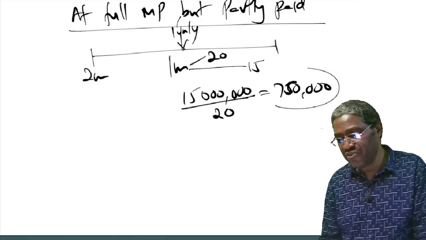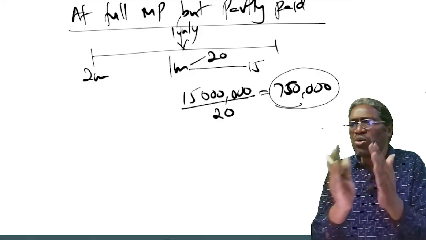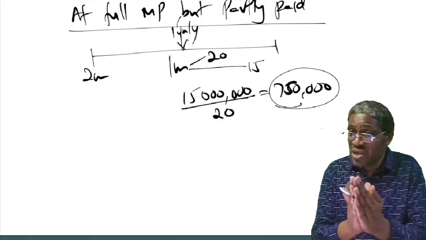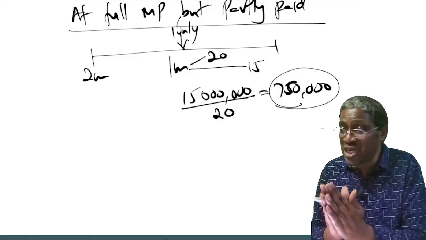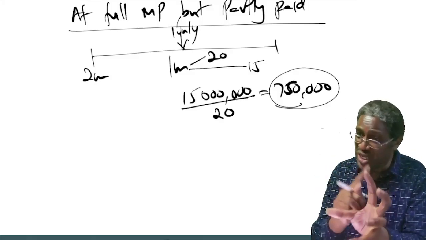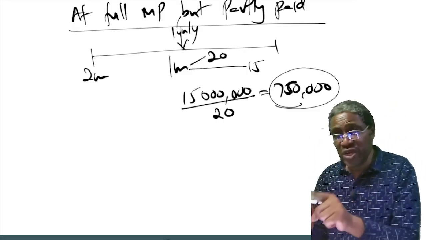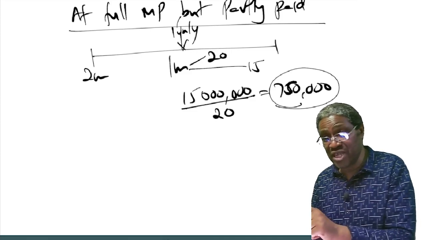Which will be how many? This 750,000. So in other words, we are saying to compute the weighted average number of shares when shares are issued at full market price and they are partly paid, one way to argue that is to say you only consider them to the extent that they are fully paid, like somebody gave us the answer.